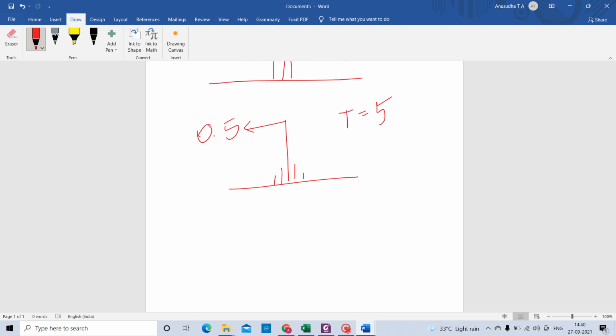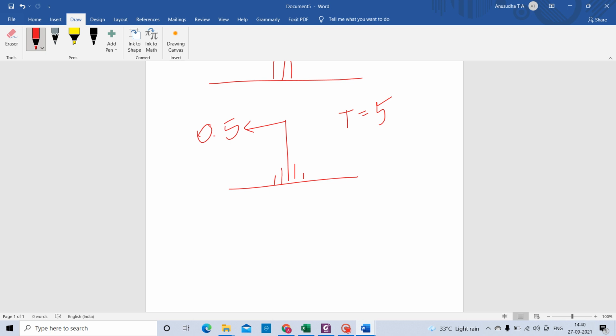Again, if t is equal to 10, the number of samples increases, but the amplitude decreases. So the drawback is that the amplitude of the signal gets reduced when the number of samples increases.